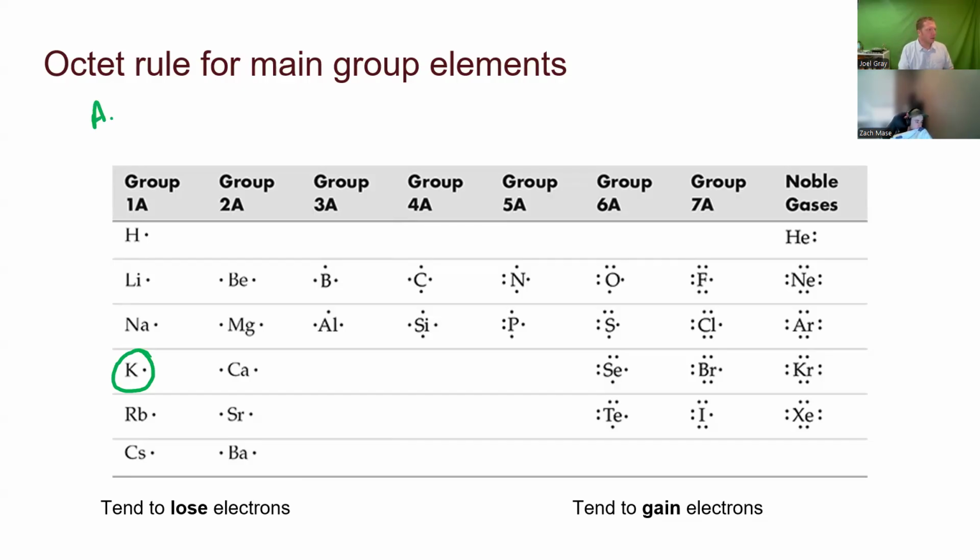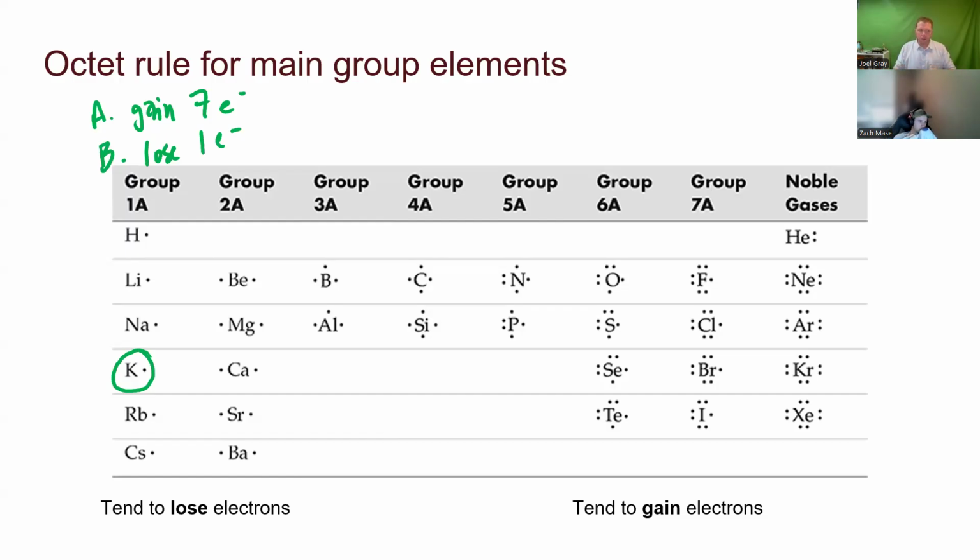Potassium can A, gain 7 electrons, or B, lose 1 electron. I want you to think about what is going to be easier, not necessarily the result. So, Kelly, I agree completely. It's easier to lose one electron than it is to gain seven more. It's easier to lose that one electron.